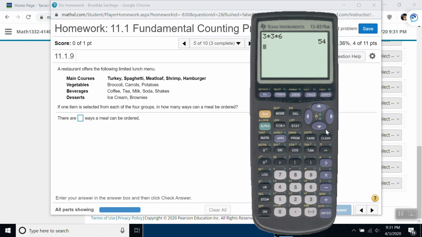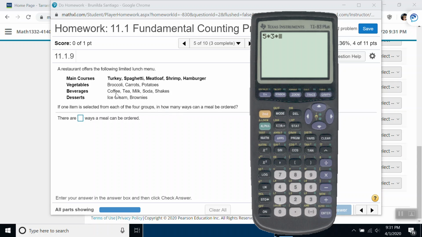Okay, let's get the calculator. A restaurant offers the following limited lunch menu. Main courses, here they don't tell you the number, but you count. That's 1, 2, 3, 4, 5. So for the main course, we have 5 options. For the vegetables, 1, 2, 3, so times 3.